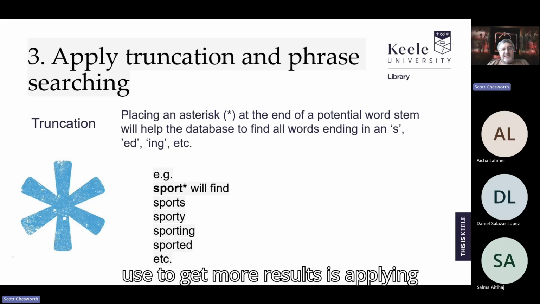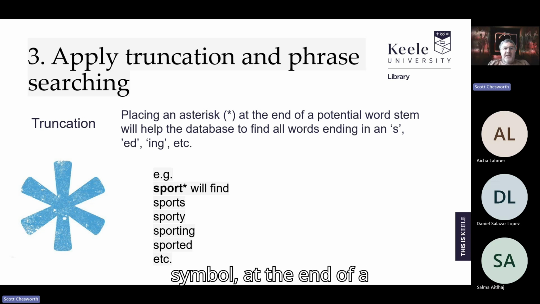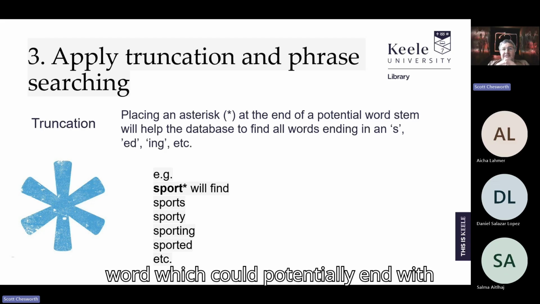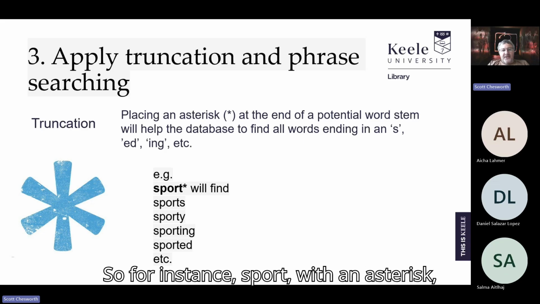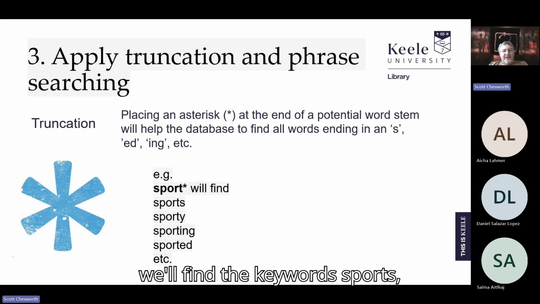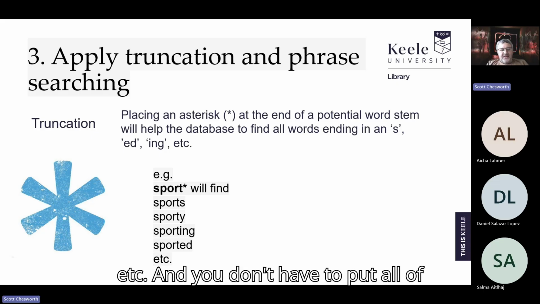A technique you can use to get more results is applying truncation to our keywords. This is putting an asterisk symbol, the star symbol, at the end of a word which could potentially end with something else, like an S or an ing or an ed. So for instance, sport with an asterisk will find the keywords sports, sporty, sporting, sported, etc.